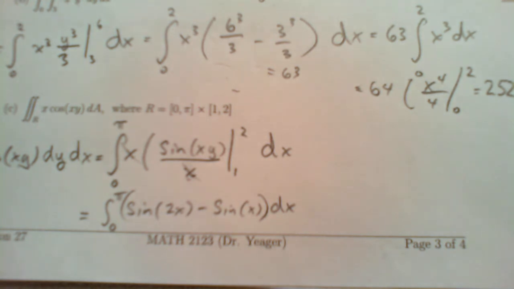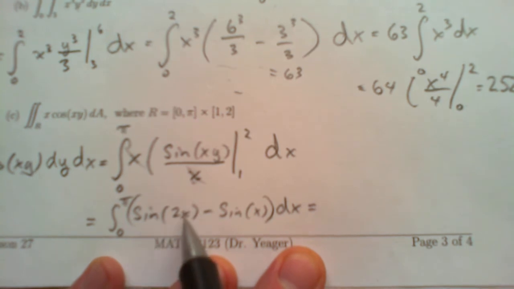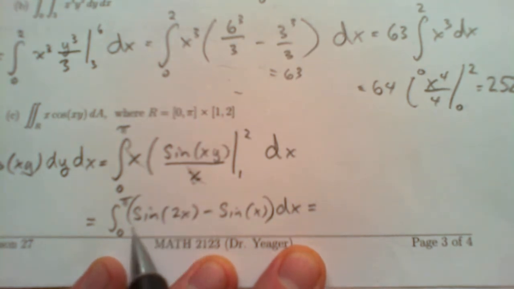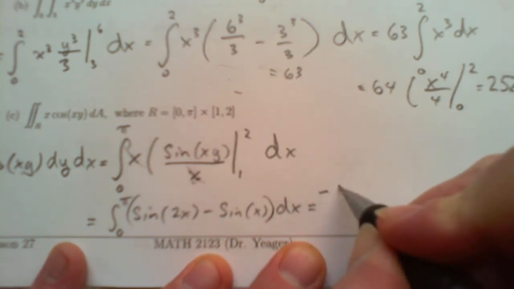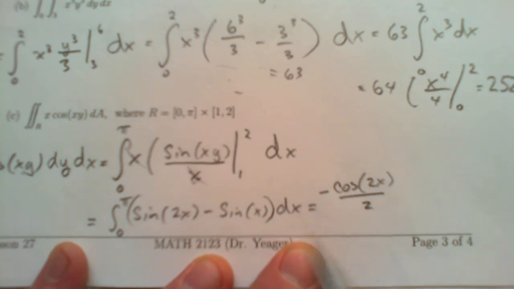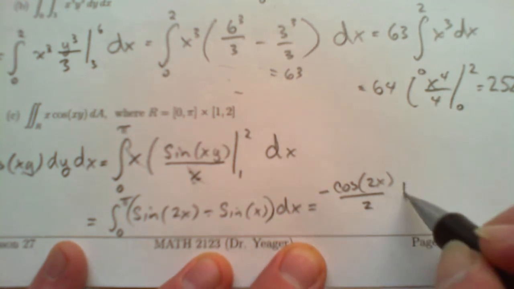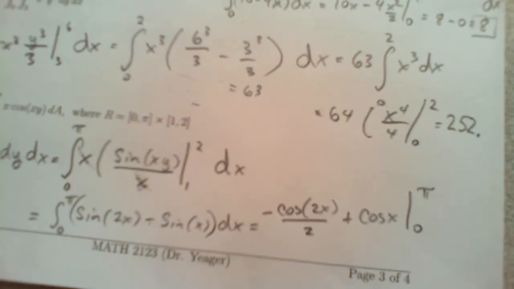So this is equal to, the antiderivative for sine of 2x is negative cosine of 2x divided by 2. That thing's antiderivative is negative cosine, and there's a negative, so it would cancel out. So plus cosine of x. You need to evaluate from 0 to pi.